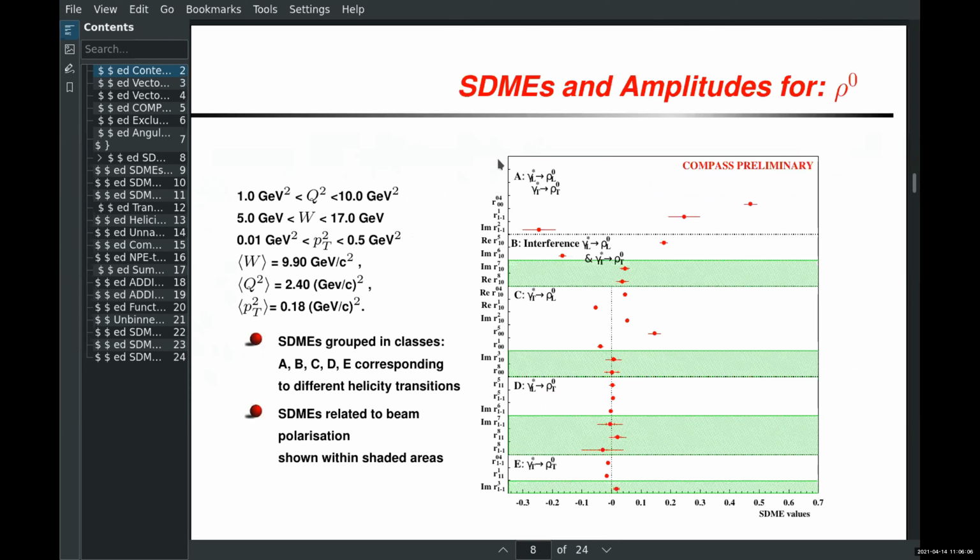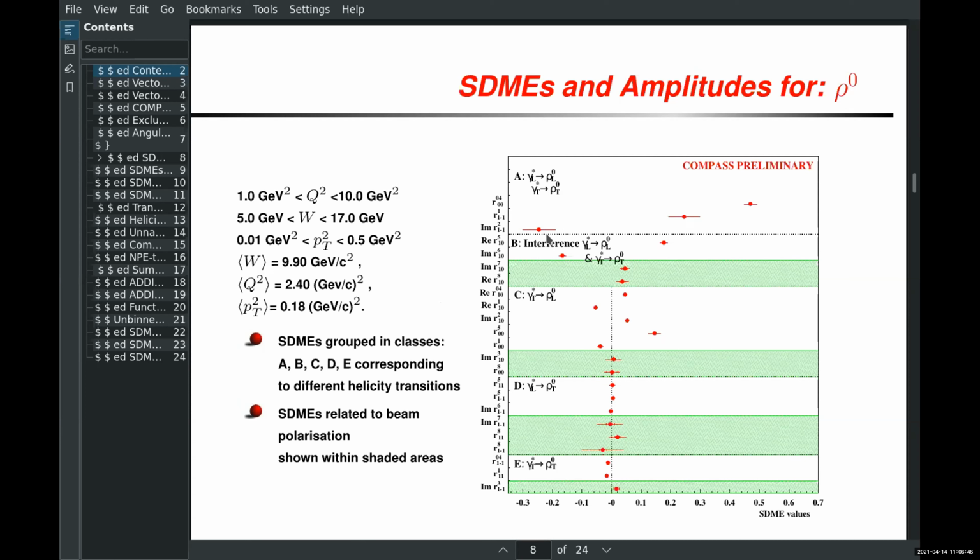At the beginning is s-channel helicity conservation, where we just have the transition from longitudinal photon to longitudinal meson and transverse to transverse. Next is the interference part, and the third is C, which we call the flip. It is a transition from the transverse photon to the longitudinal ρ0 meson.